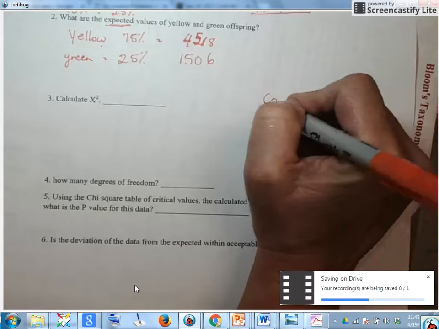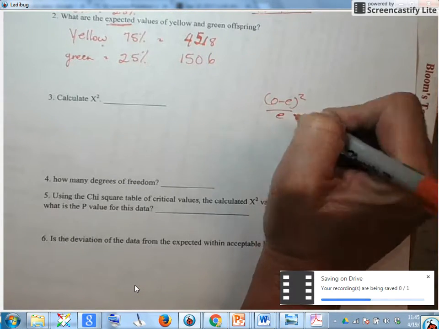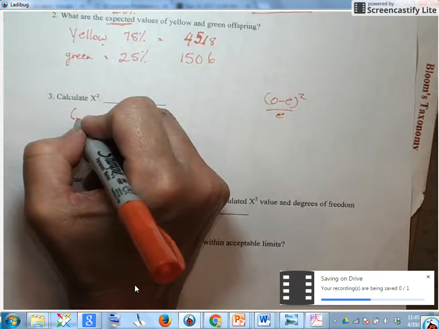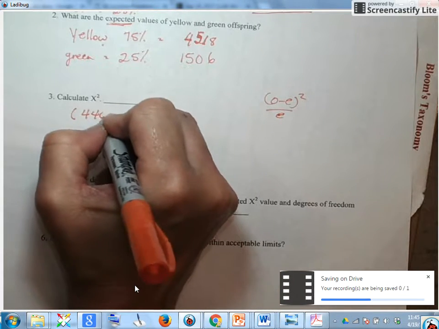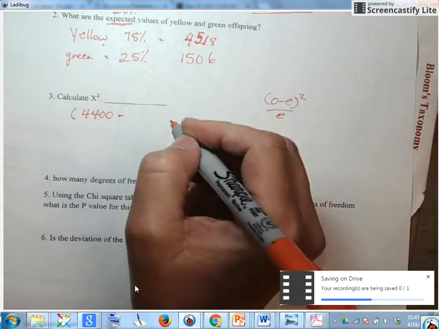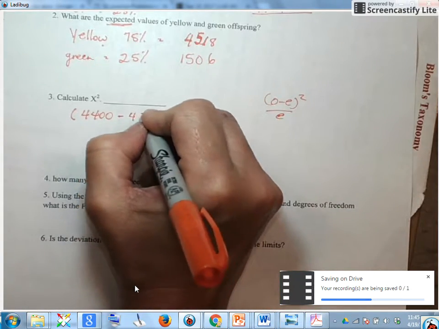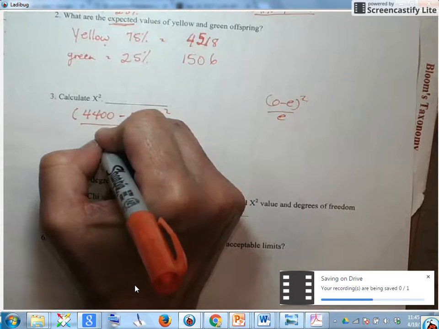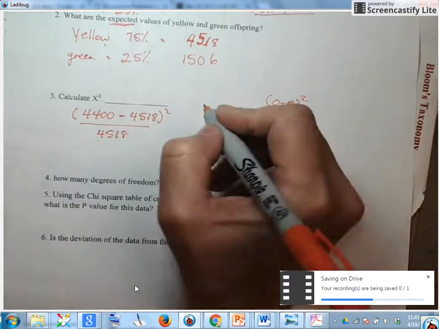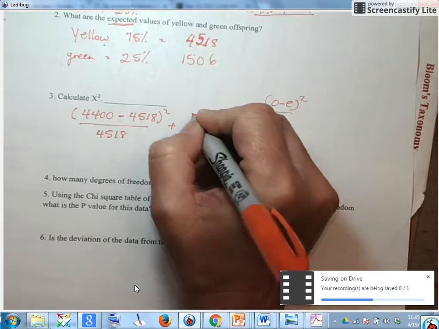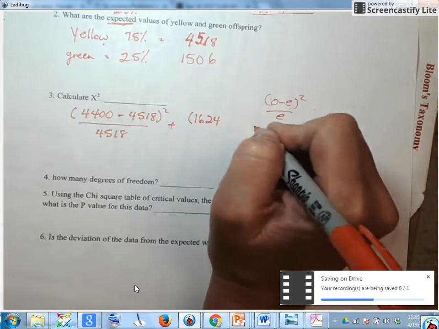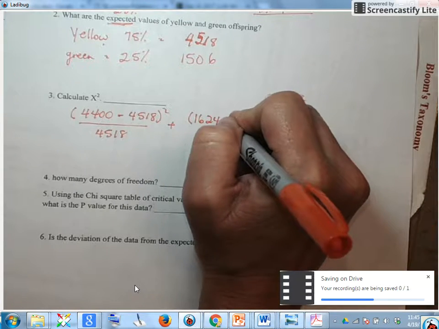Chi-square is observed minus expected, squared, divided by expected. So we observed 4,400 yellow. We expected 4,518, squared, divided by 4,518, plus we observed 1,624 green peas.